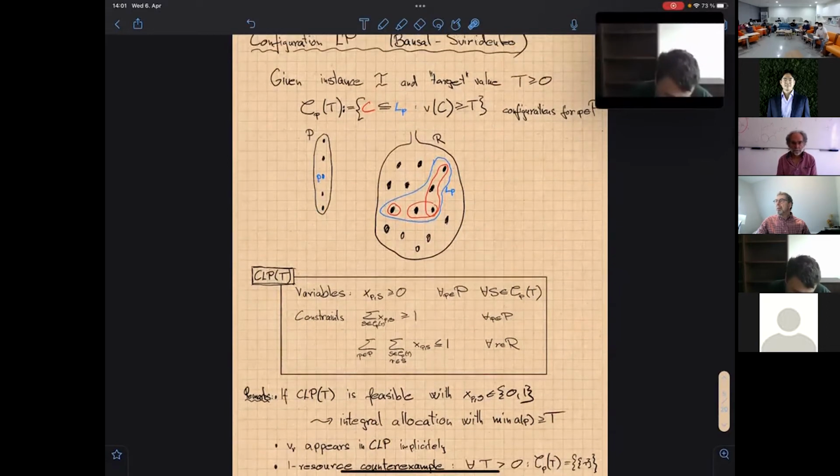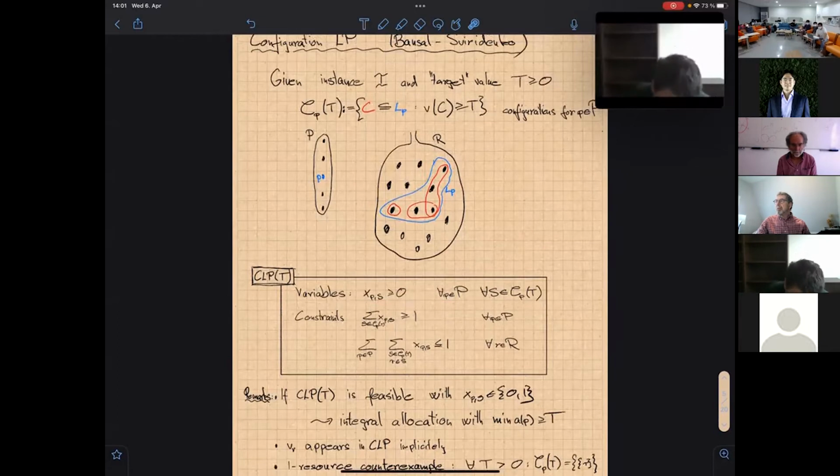And this configuration LP introduces an enormous number of variables actually. For every player, it takes every configuration and introduces a positive variable for it.